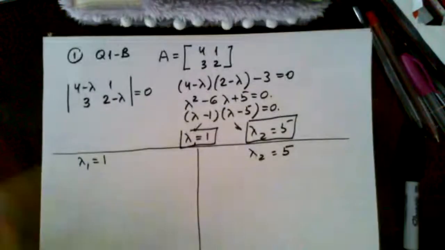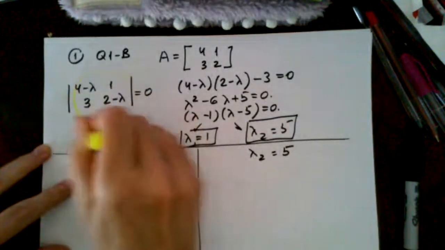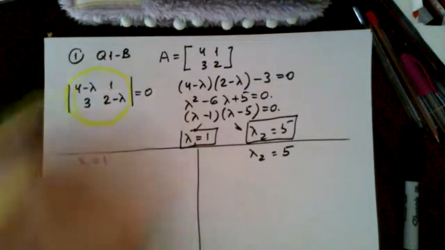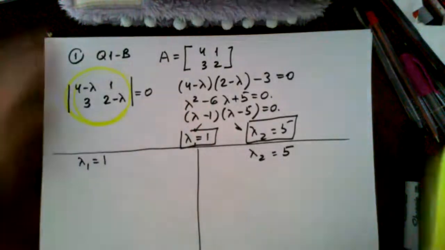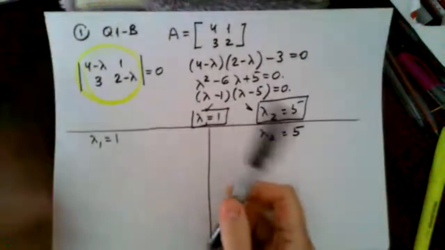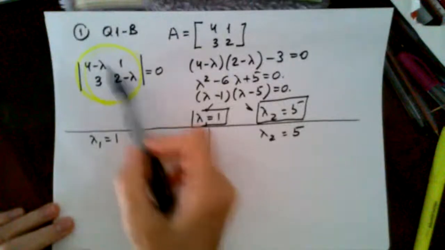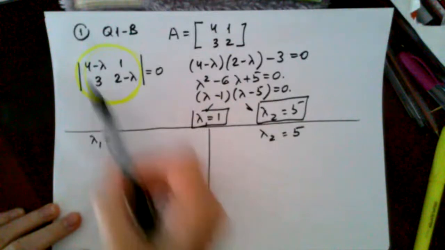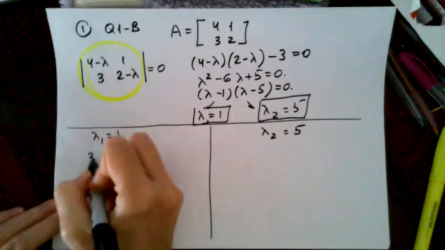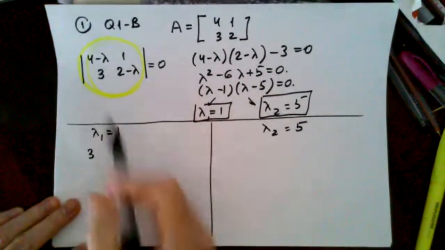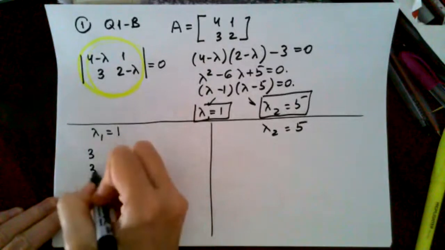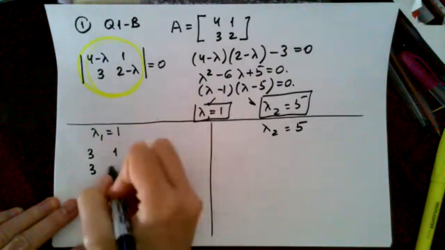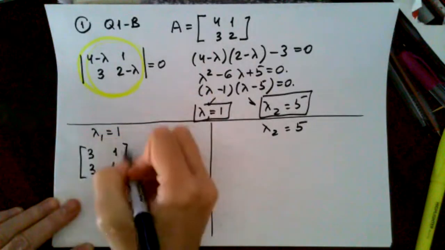You needed to look at this matrix once again, even put a yellow circle around it, and substitute lambda in this matrix with the current value, which is 1. So 4 minus 1 will be 3. 3, 1 is the first row of this matrix. And then the second row will be 3, 2 minus 1 will be 1. So this will be the matrix.